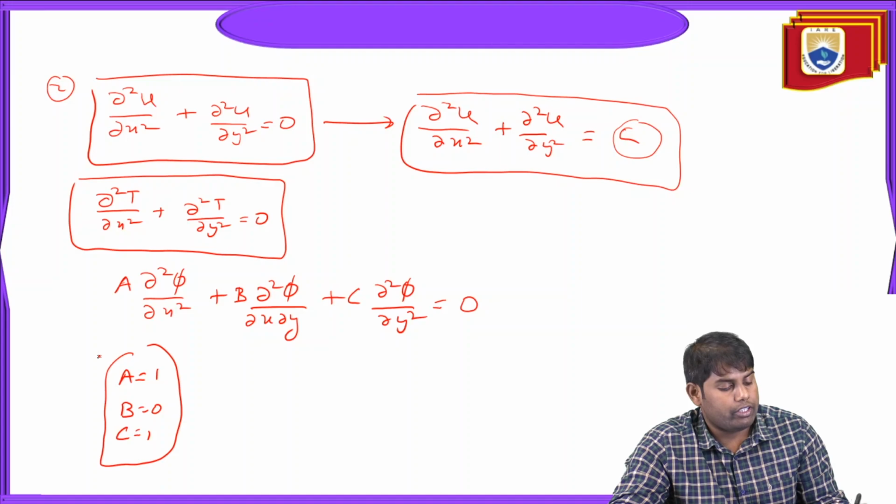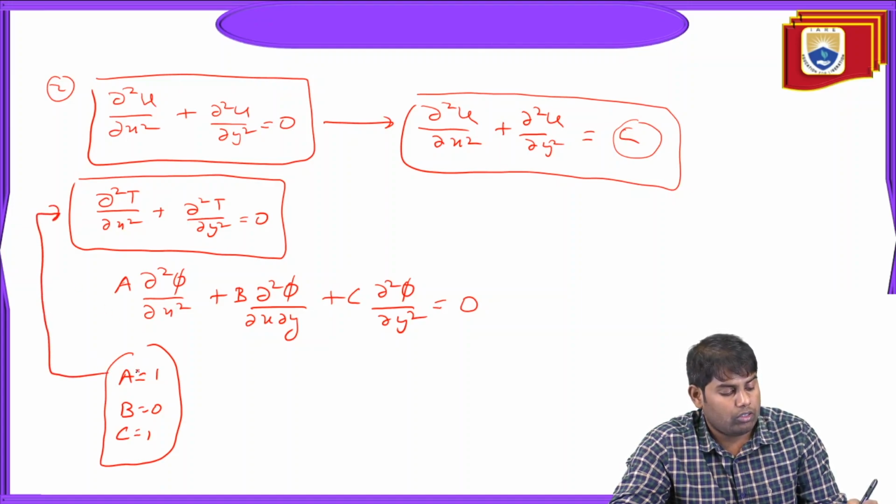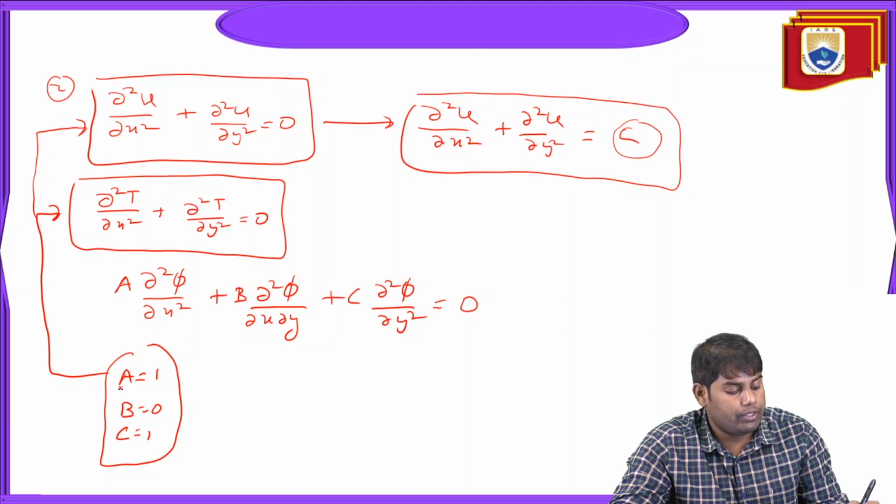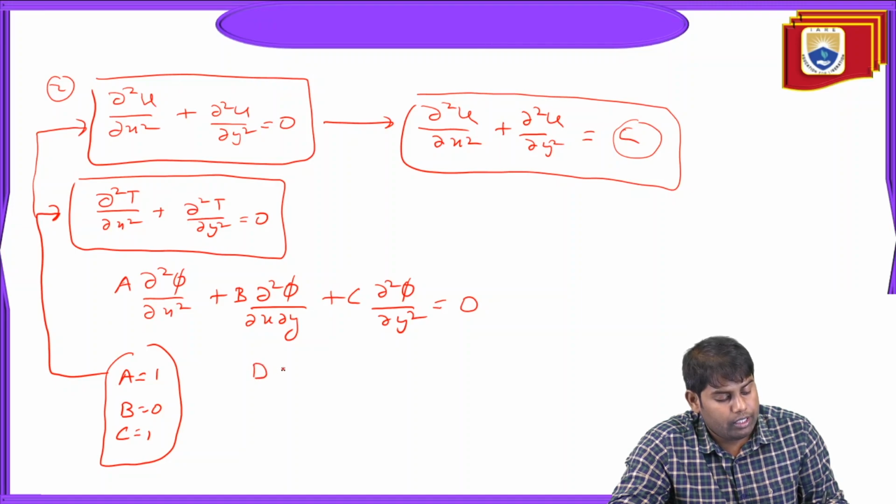You take any equation, and you have a is 1, b is 0, c is 1. Now what is happening? When we do this, D is equal to b² minus 4ac. What is b? b is 0.